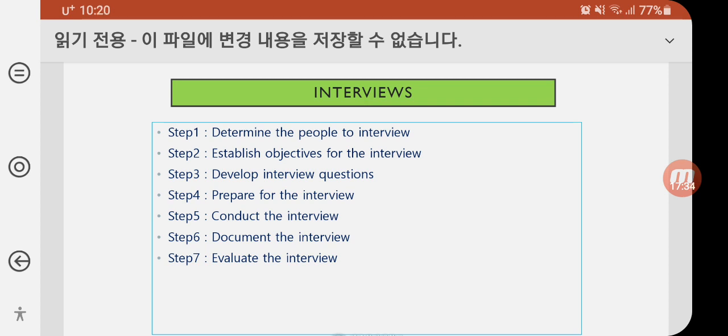The sixth step is to document the interview. In this step, note taking should be kept to a minimum. After conducting the interview, you must record information quickly.